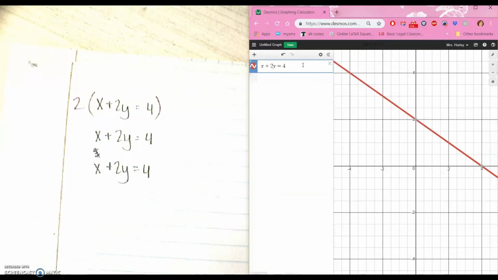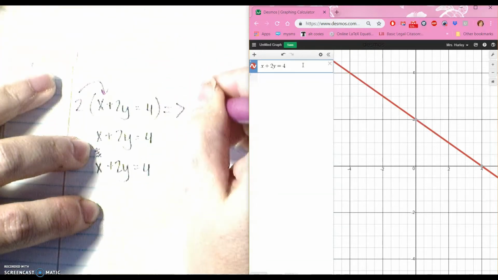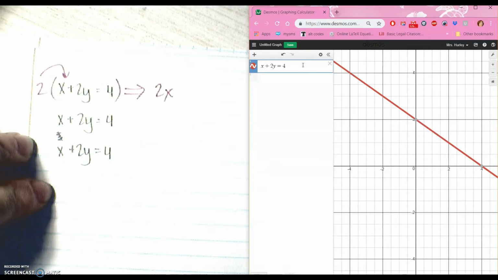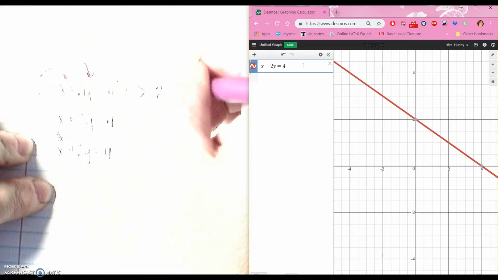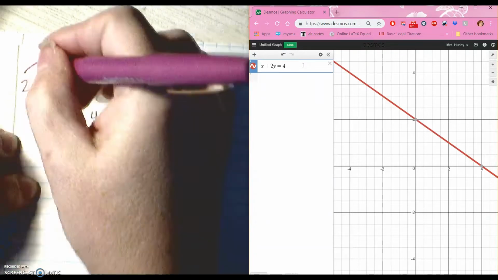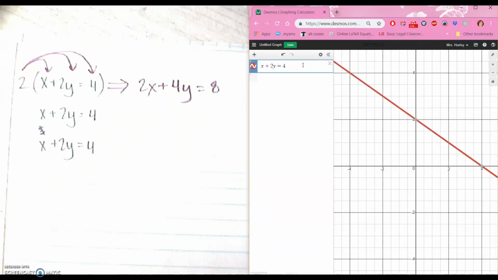So that's what we did. We multiplied 2 times x, which gave us 2x. We multiplied 2 times 2y, which gave us 4y. And we multiplied 2 times 4, which gave us 8, and that gave us an entirely new equation.